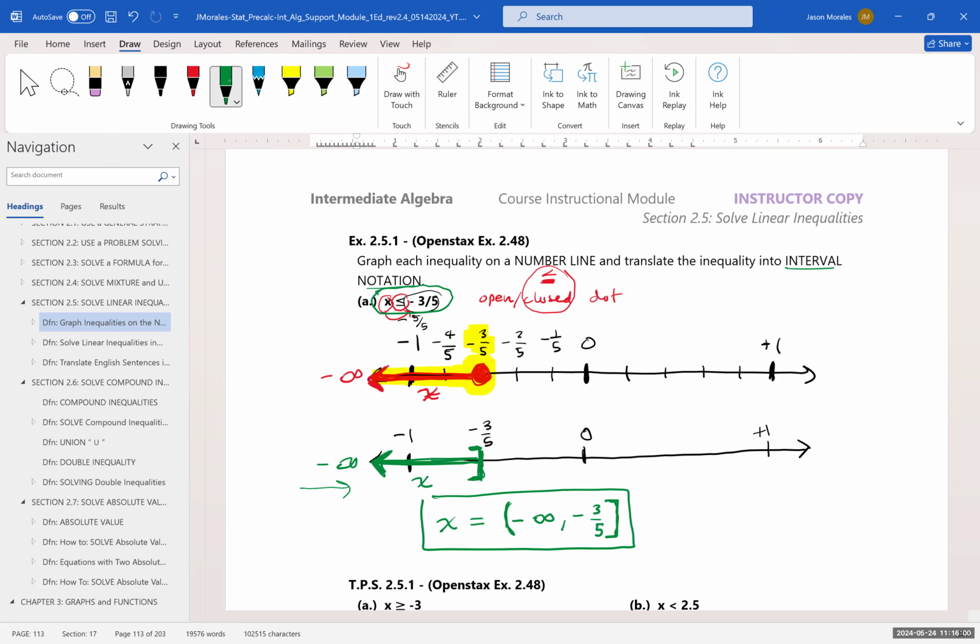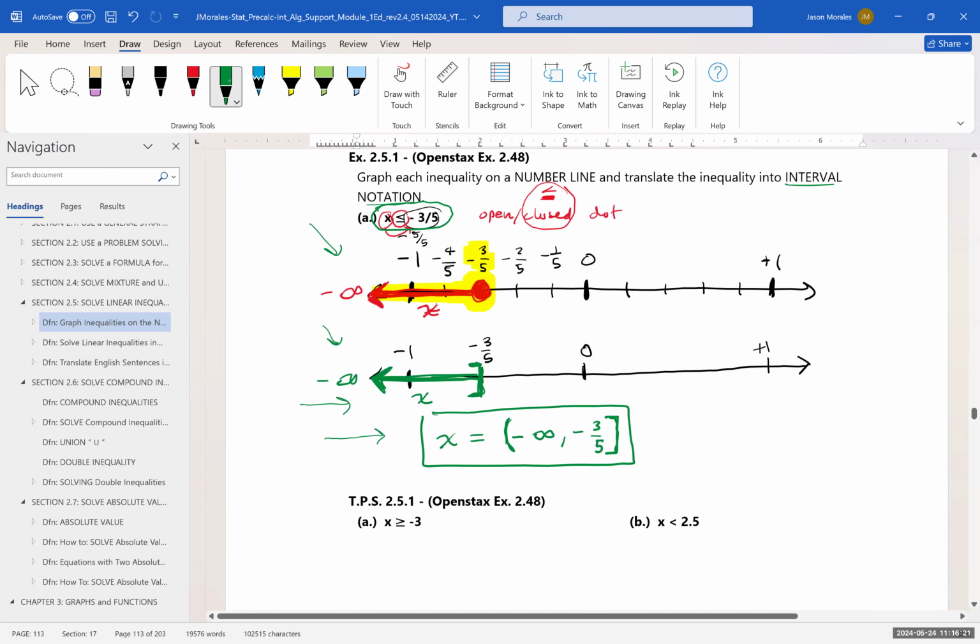So this is how you take this most basic inequality, graph it on a number line with either a dot or parentheses or bracket, and then interpret the picture of that number line as interval notation.